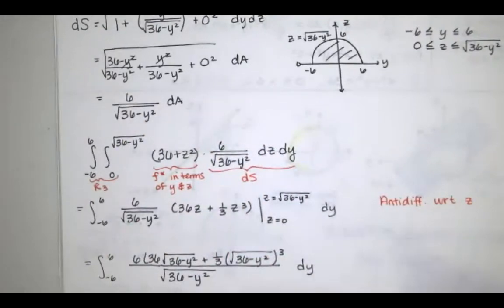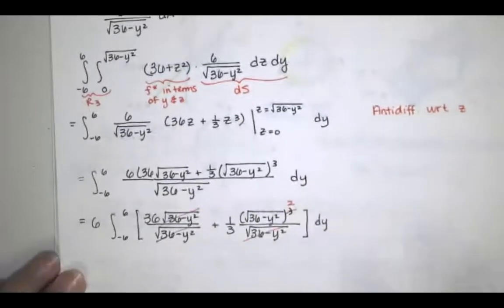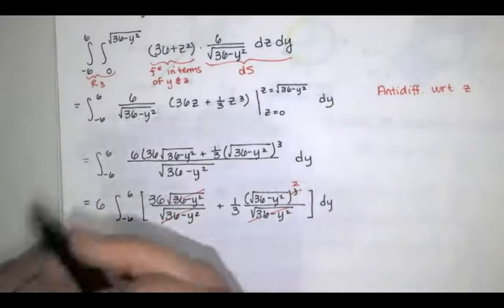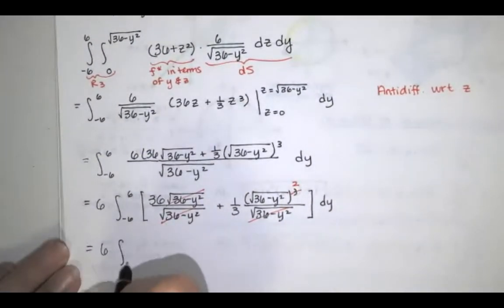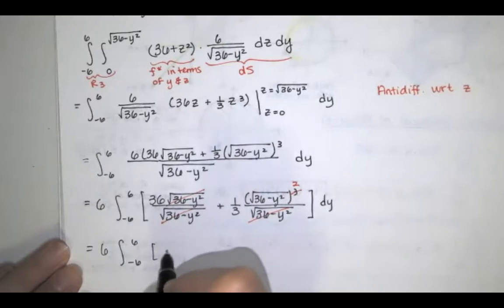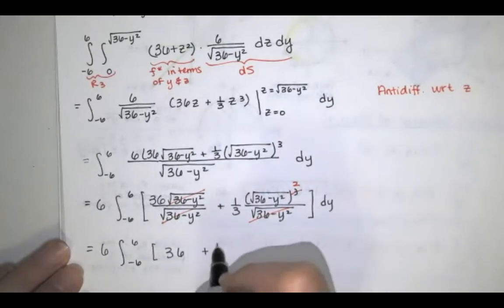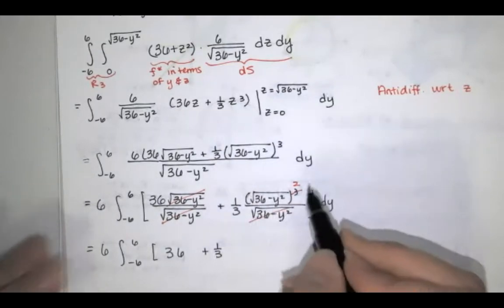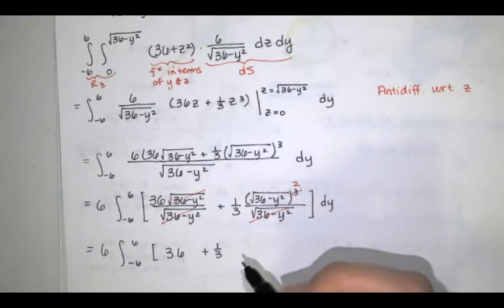And these guys reduce. And one of these will reduce with one of those. That will make that a 2. And so we just get 36 here plus 1/3 of this, the square root squared.